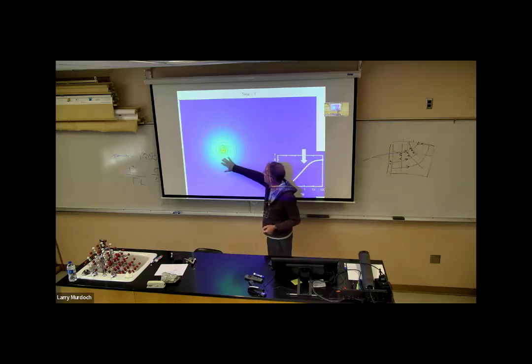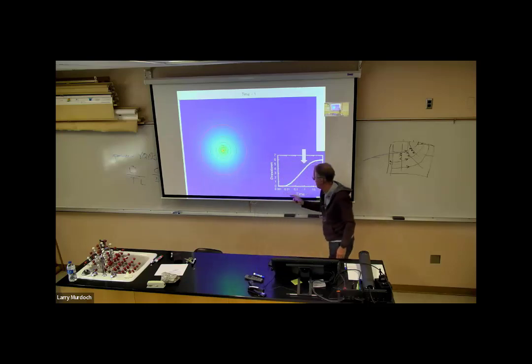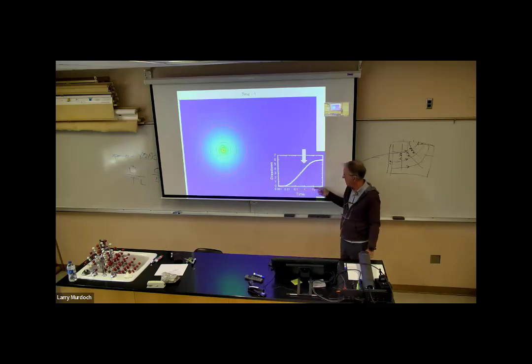So for all this well knows, this aquifer extends out to infinity. The drawdown is changing with time as a logarithmic function of time, and that shows up as a semi-log straight line. Okay.